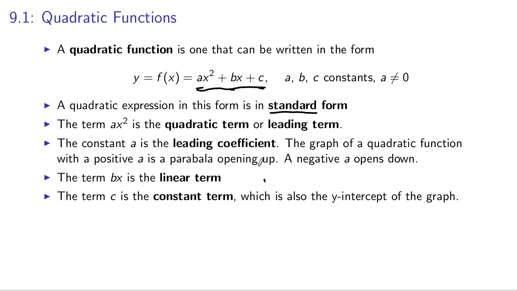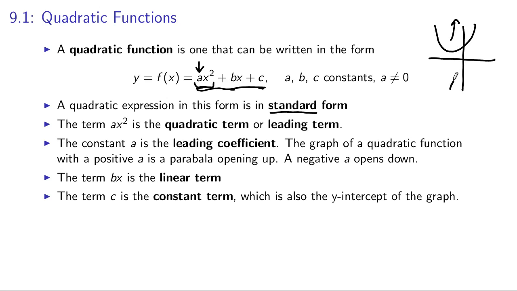The term ax squared is the quadratic term, also called the leading term. The constant a is the leading coefficient. The graph of a quadratic function with a positive a is a parabola that opens up.